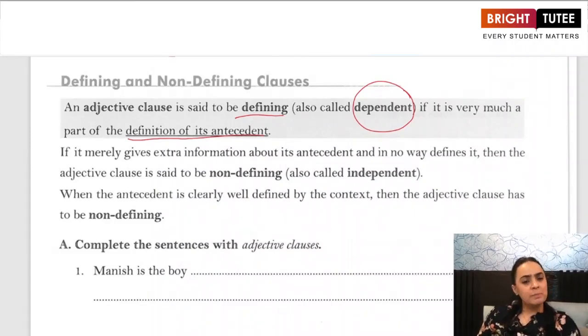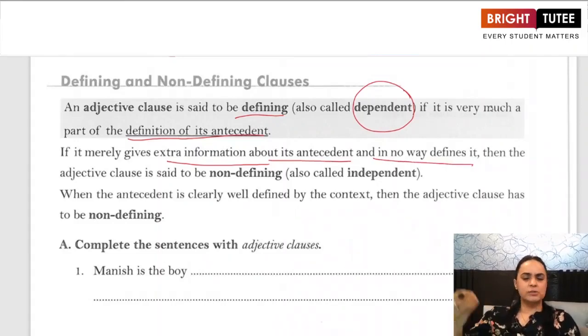And if it only gives extra information about its antecedent, which does not define it, it is just providing you with extra information and no definition is being given, then it is said to be non-defining or independent adjective clause.